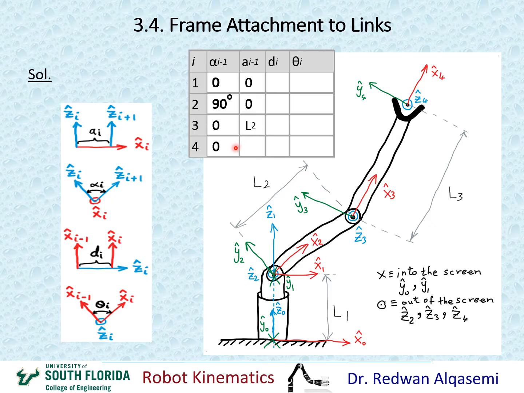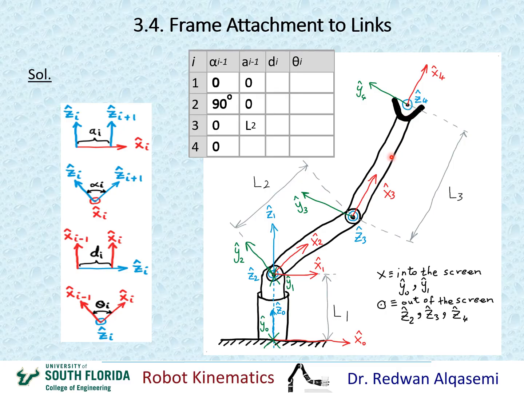All right. Now, when we have i equals 4, I'll be looking at a(i minus 1). That means A3. So for A3, I'll be looking at Z3 and Z4 along x3. We come here. This is Z3 coming out of the screen. This is Z4 coming out of the screen.